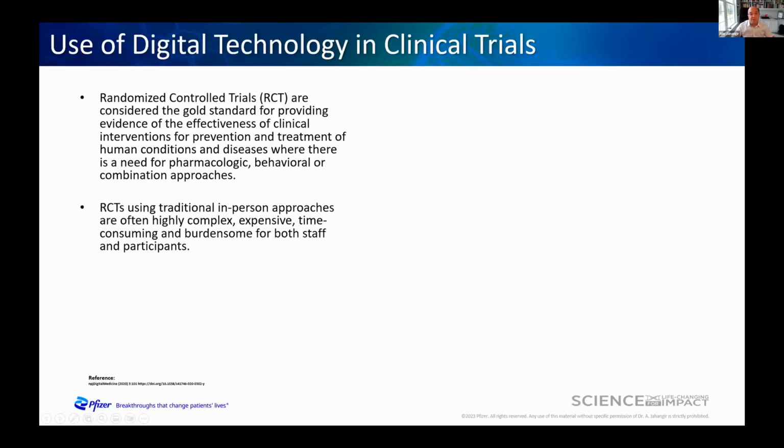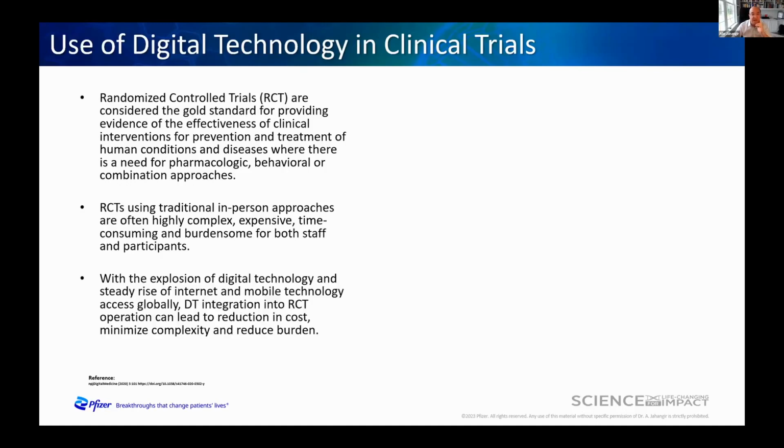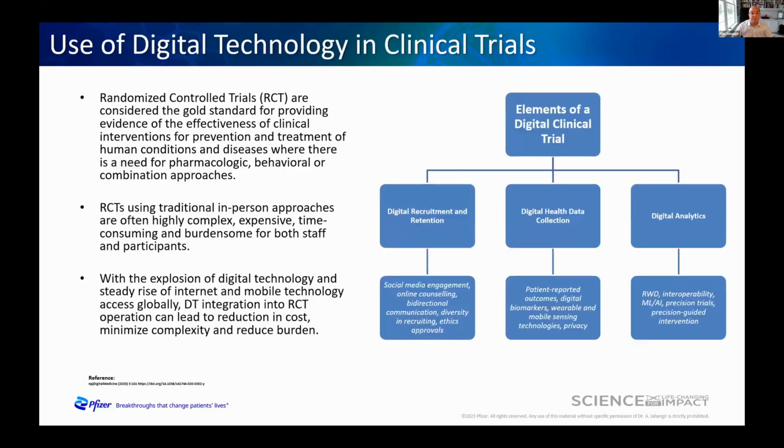However, these traditional in-person approaches are often highly complex, expensive, time-consuming, and burdensome for both staff and participants. And with the explosion of digital technology and the steady rise of internet and mobile technology, digital technology integration into RCT operation can lead to a reduction in cost and minimize complexity to reduce burden.